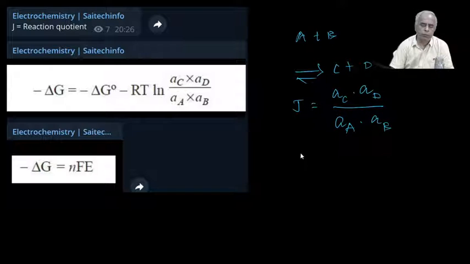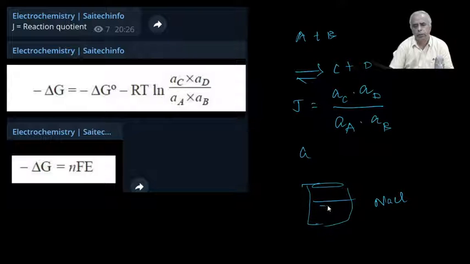First of all, you should understand what active mass is. Let me consider a sodium chloride solution in a beaker, where the sodium chloride is completely dissolved. It is uniformly diffused or spread all over the solution.